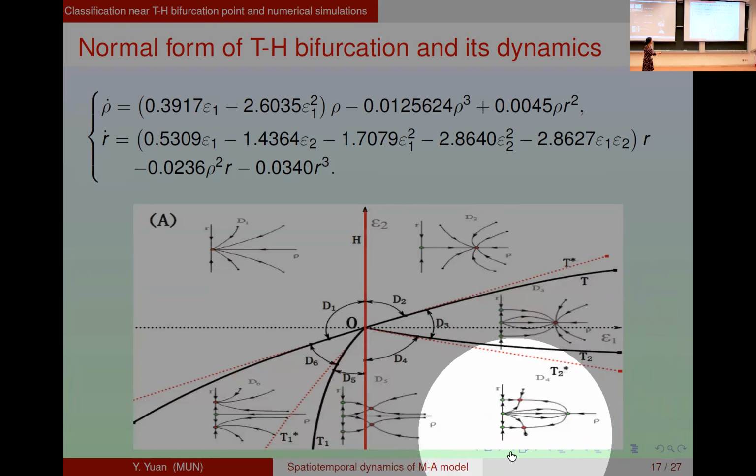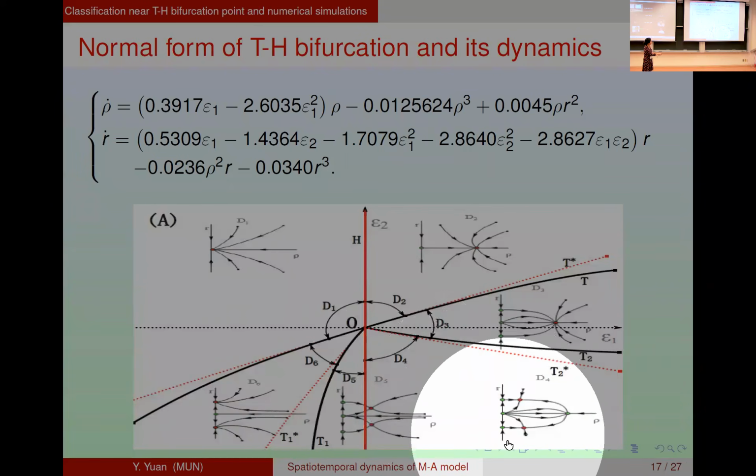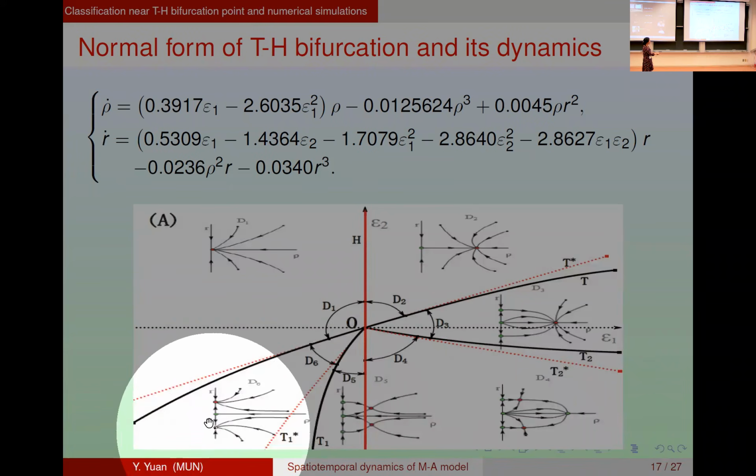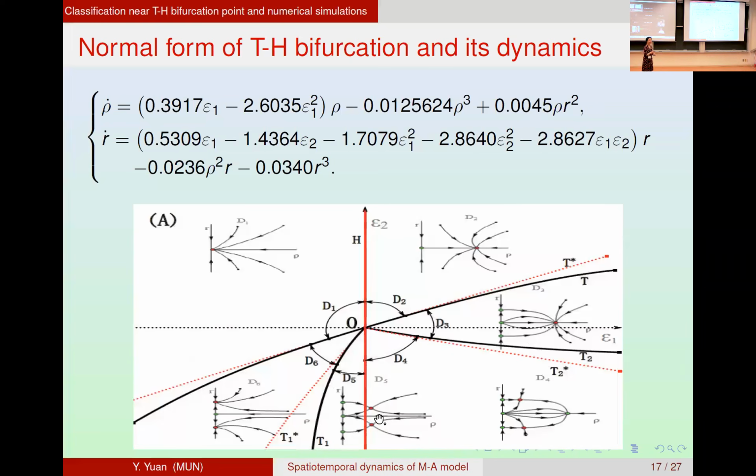With respect to the original system, these two are related to the spatially inhomogeneous periodic solution. This one is different again, because here there is no such boundary. So it's a different region, with different behavior.